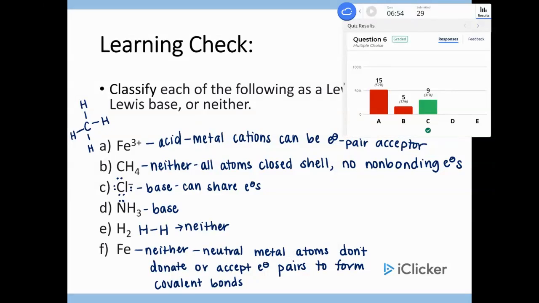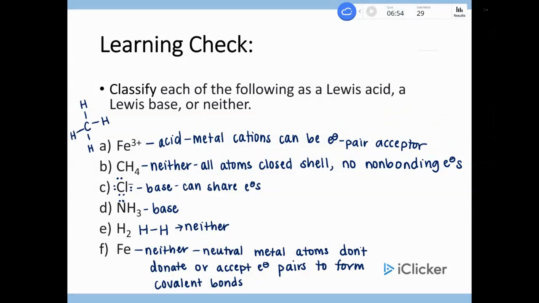If they were to accept electron pairs, they would become negative, but that is unlikely for metals. They often become positive and lose electrons. And they also don't share electrons to create a covalent bond because they're metals, so they create ionic bonds. All right, we'll do the next slide together. Are there questions on this one?